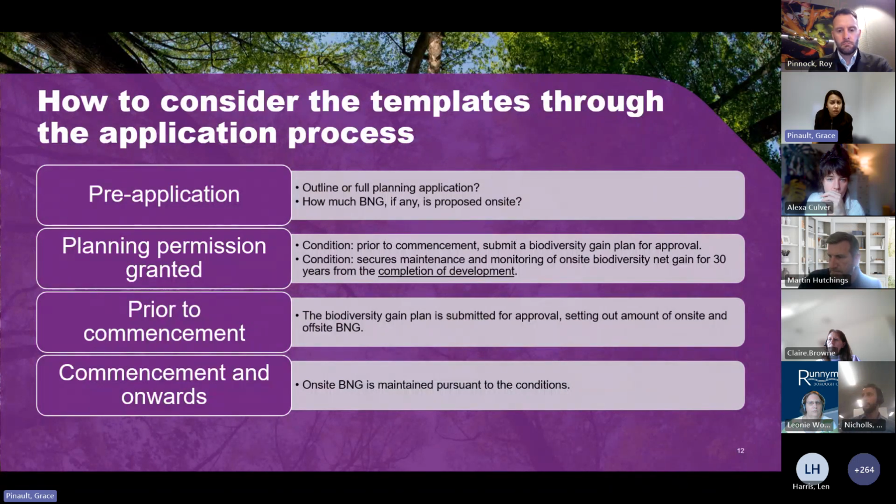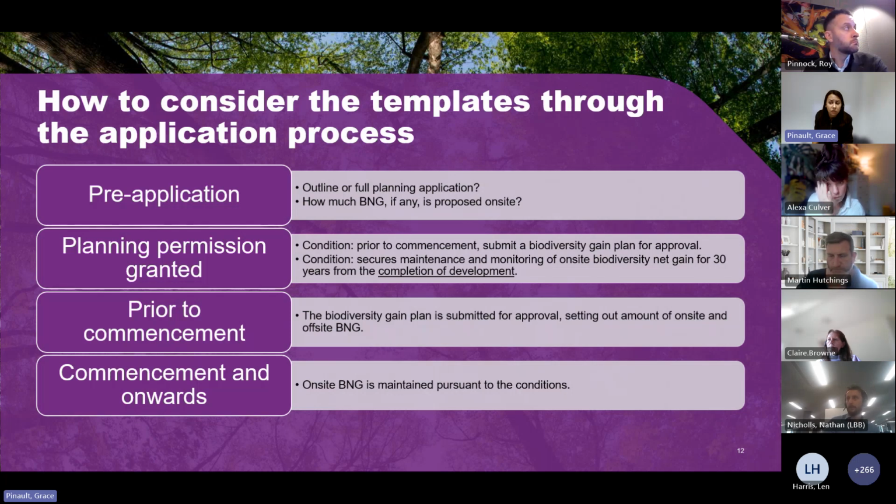Completion of development is not a concept which is explained in the Town and Country Planning Act. So it is an opportunity as well to agree what the completion of development may mean with applicants. It could be practical completion, it could be first occupation. We have seen this, we'll probably see additional examples coming forward, but it is worth, I think, explaining what that could be, especially when you have a development that may take a long time to actually be fully completed and built out completely.